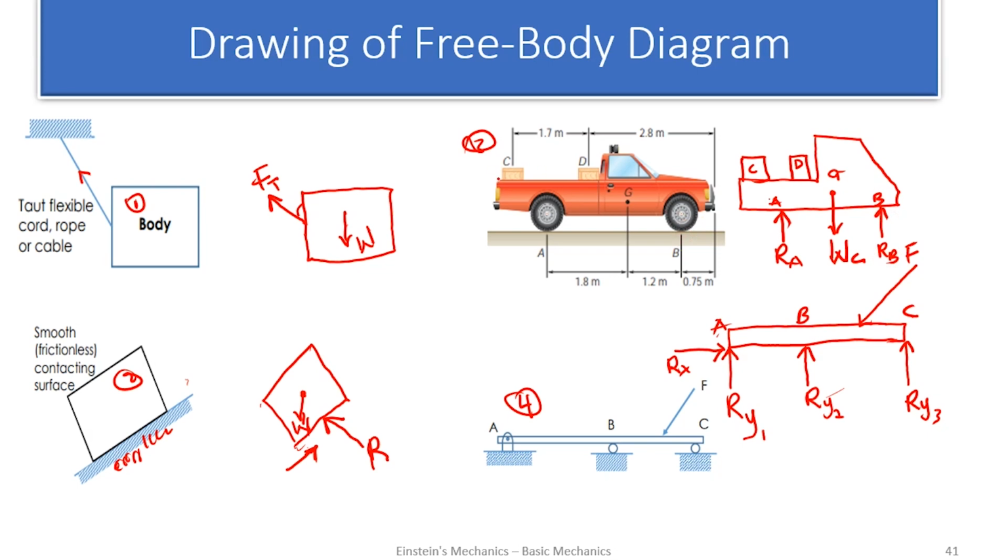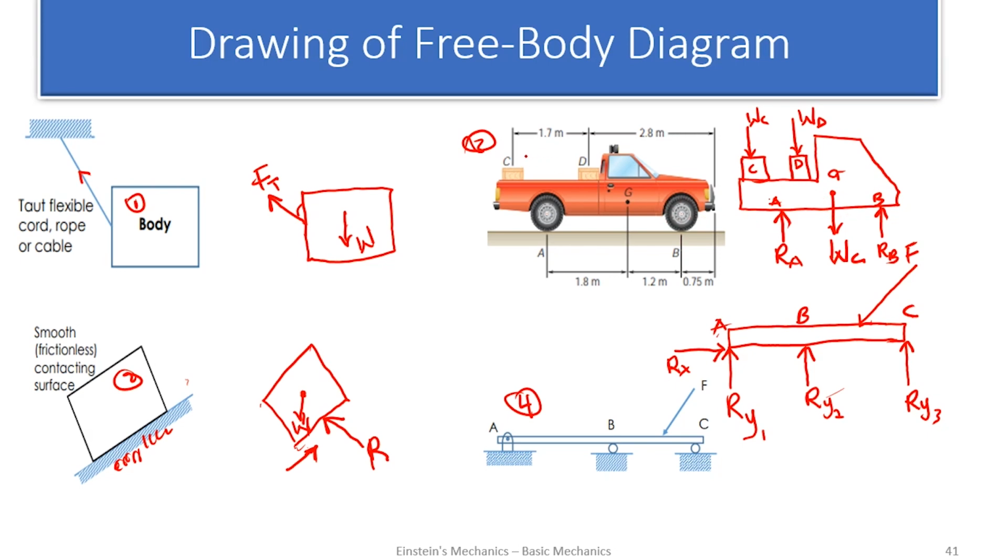What about the boxes? They also have weight. So there will be the weight of box C and the weight of box D. The weight of the car is represented. So basically, this is the free body diagram of the car where we indicated all the relevant forces.